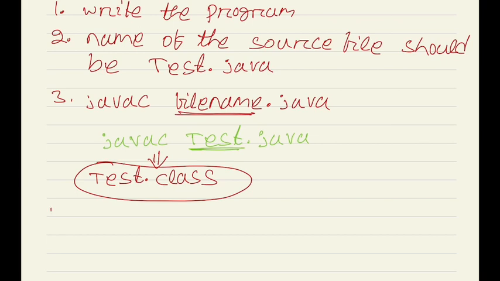Now in step 4, we need to run the program. To run the program, pass the class name test as a command line argument. Here we write the command java test.